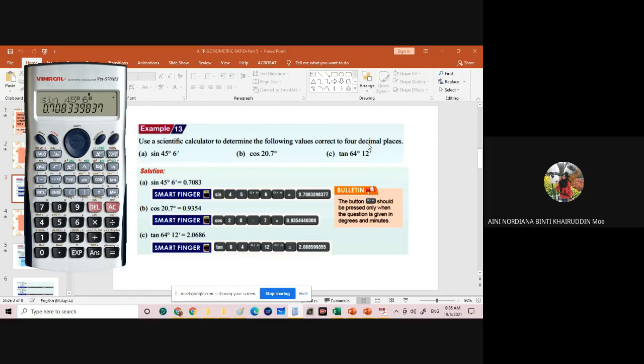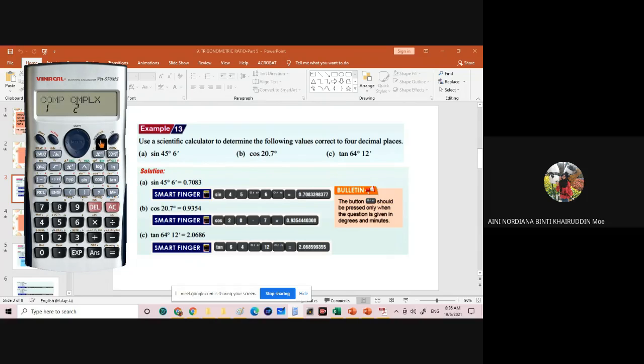Since the question asks you to give the answer correct to 4 decimal places, the answer is 0.7083. Also, you can use your calculator to round off this value to 4 decimal places.